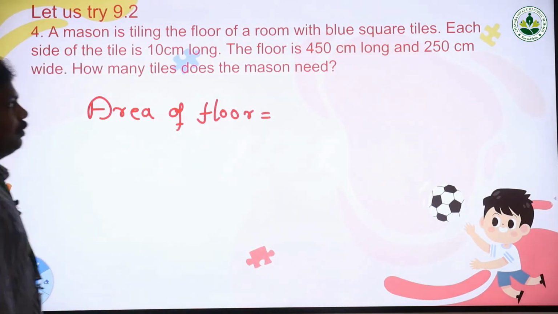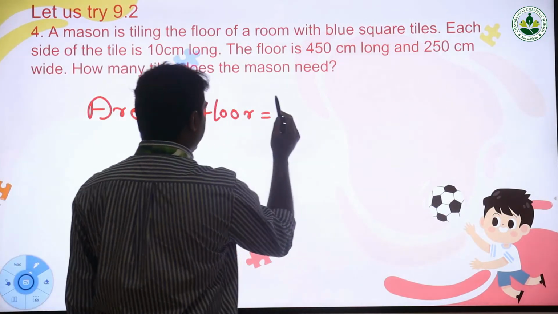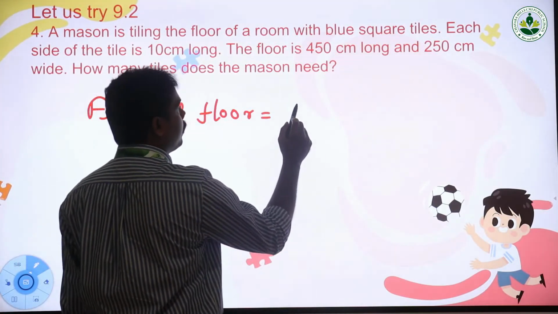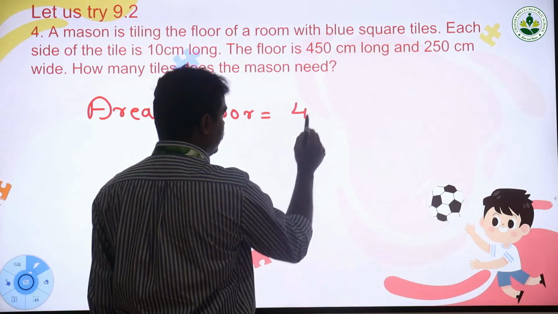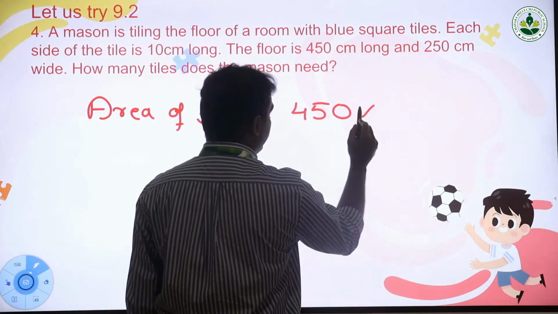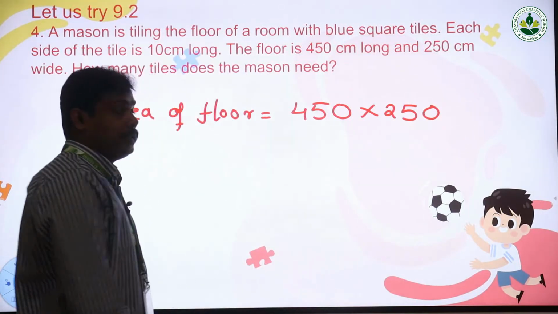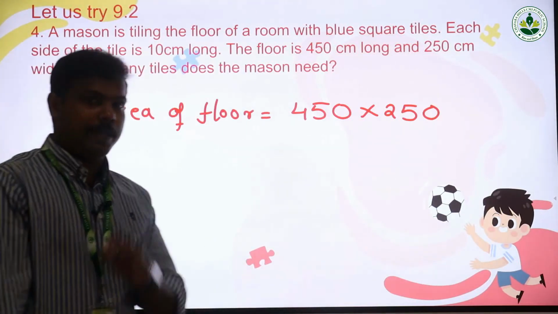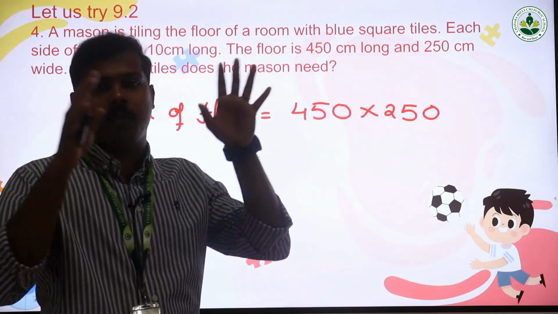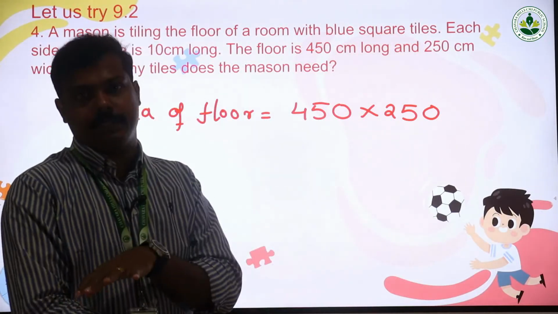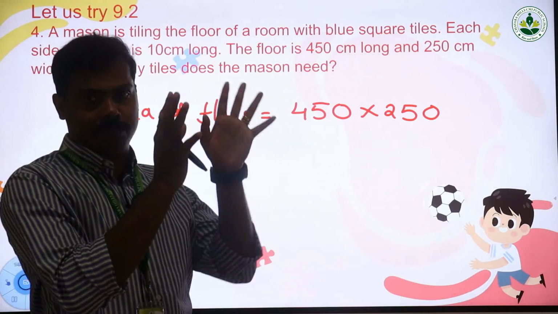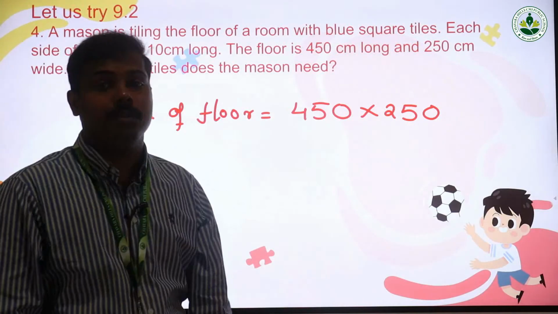The floor is rectangle shaped. So for finding the area of a rectangle, we need to multiply length into breadth, that is 450 into 250. Why didn't I use perimeter? Because perimeter means it is about the length of the sides. If we need the full of a shape, there we use area.